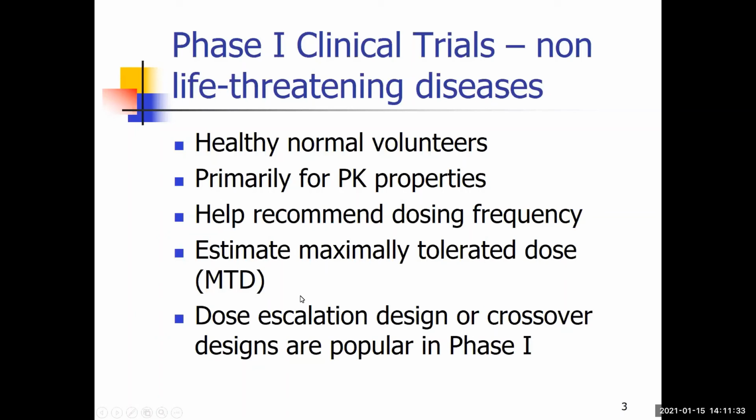And of course, sometimes you cannot establish MTD, you have to establish MFD, maximally feasible dose. So phase 1 by nature is dose escalation design or crossover design to study the PK properties and to escalate the doses.